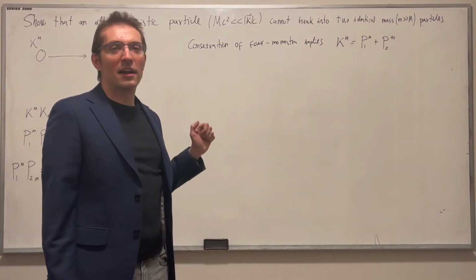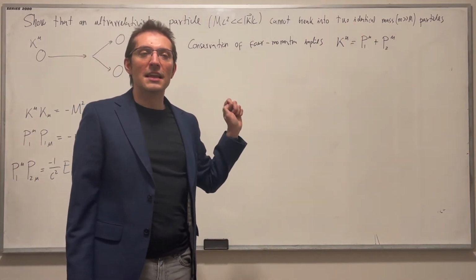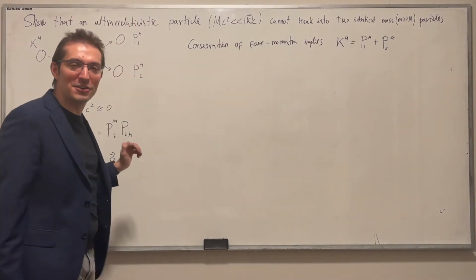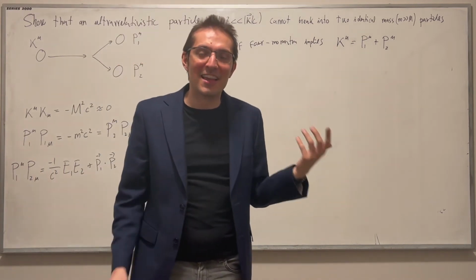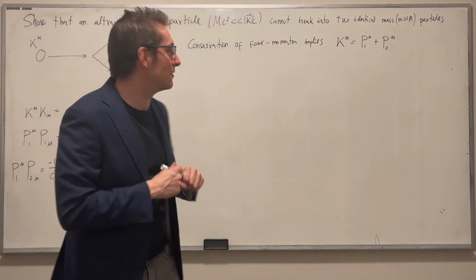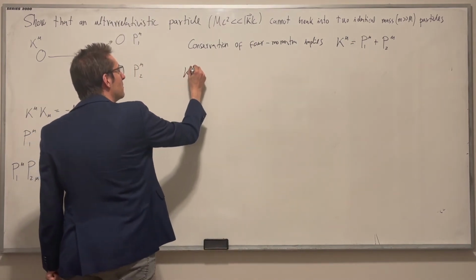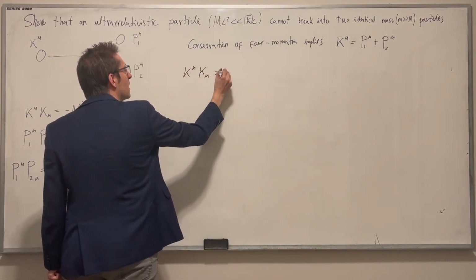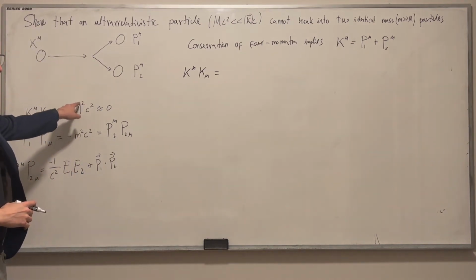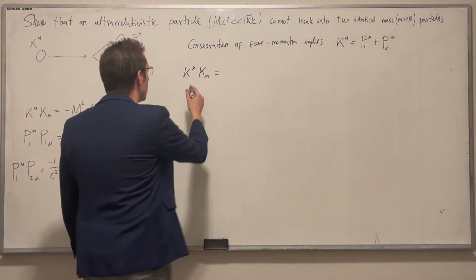Well, in particular, let's just write a quantity that, on top of being conserved before and after the collision, is also a Lorentz invariant, which means the same in all reference frames. That is the contraction of K mu with itself. So let's contract K mu with itself. And this is equal to two things. On the one hand, we know it's going to be equal to minus m squared c squared on the left hand side.